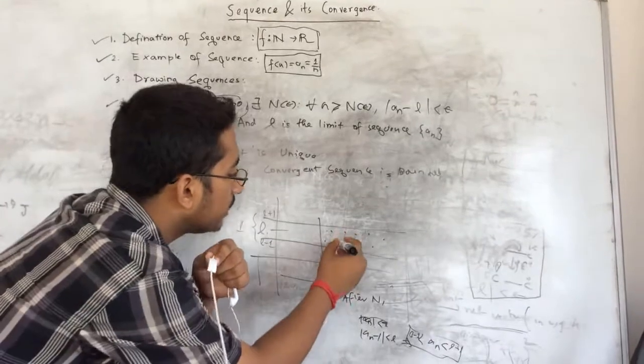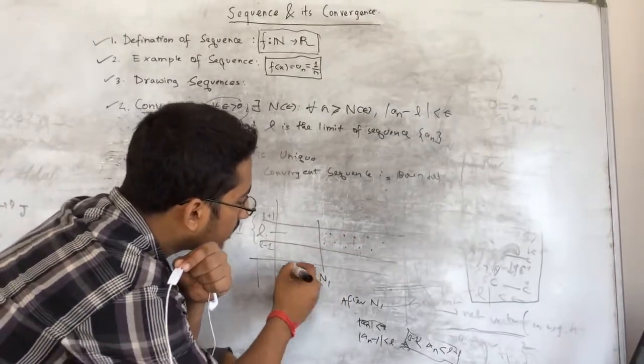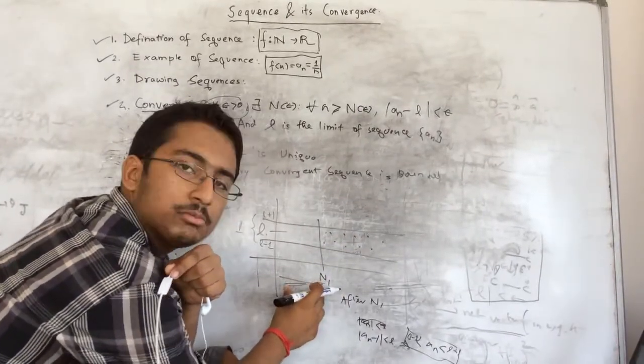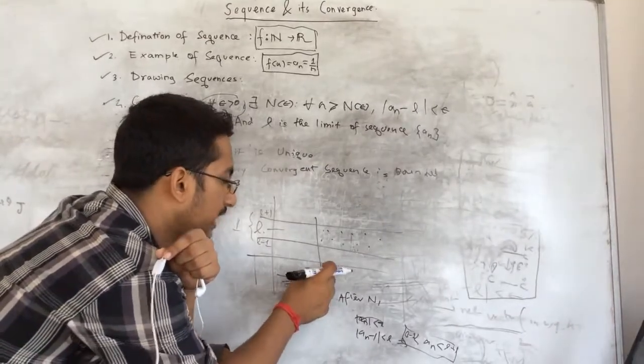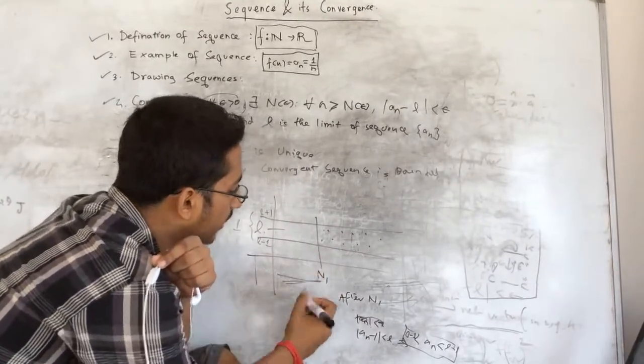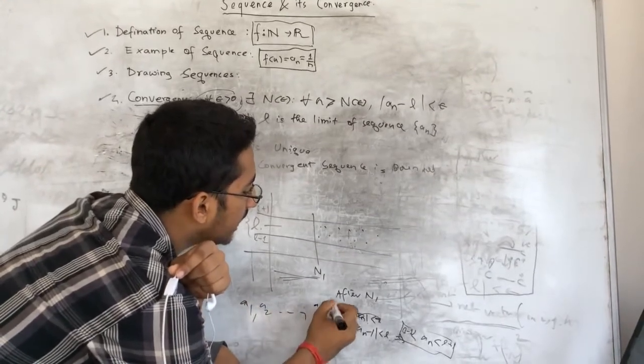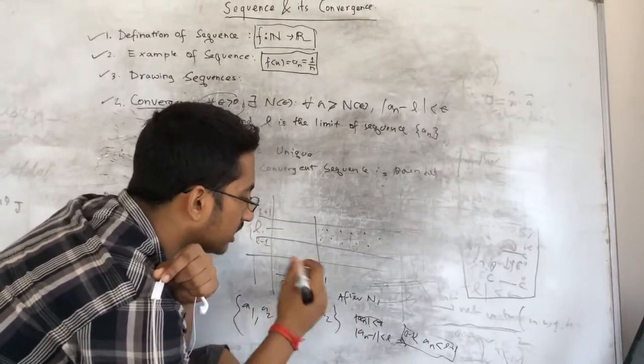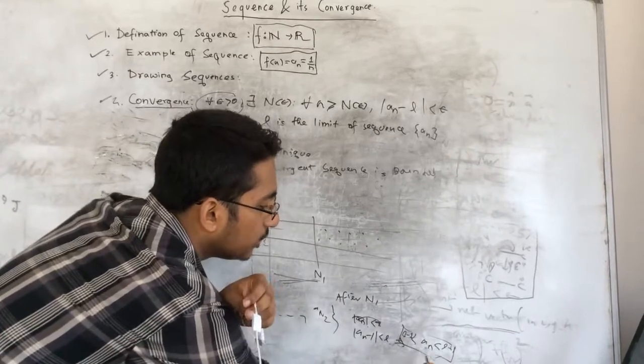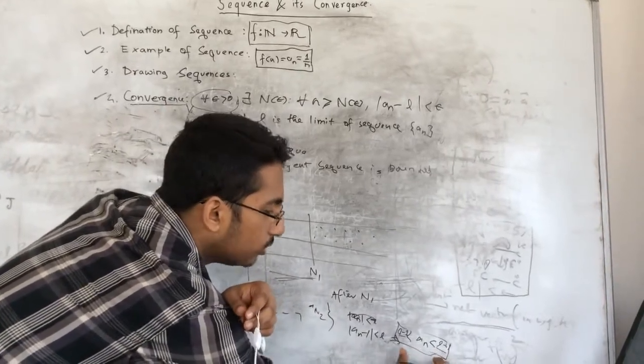So it's bounded, and for this part, there is a finite number of n's here. So in this one, a1, a2 up to a_{n1}, take the maximum one and the minimum one, and in the other part you also know the maximum and the minimum bound.